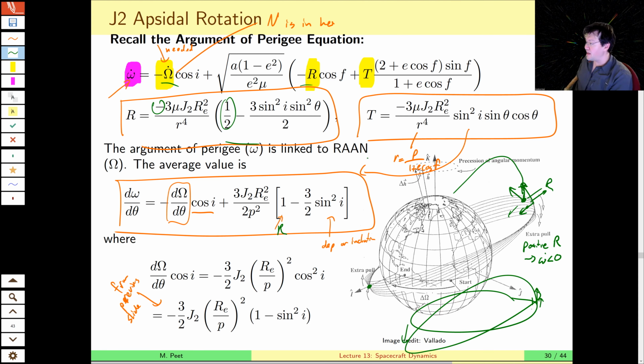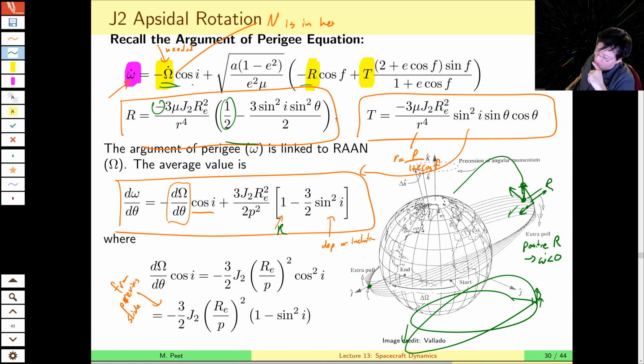Meanwhile, we have the effect of changes in right ascension. Now, how do changes in right ascension affect the periapse? Well, let's consider the extreme case. Your periapse is fixed in space.